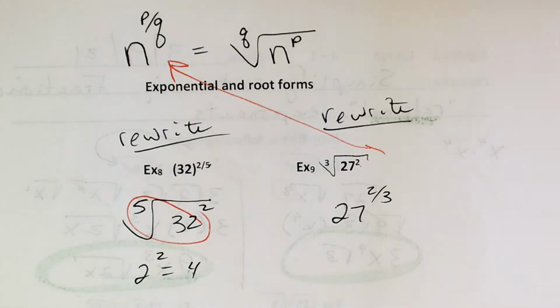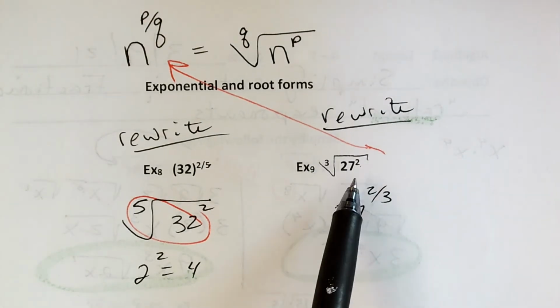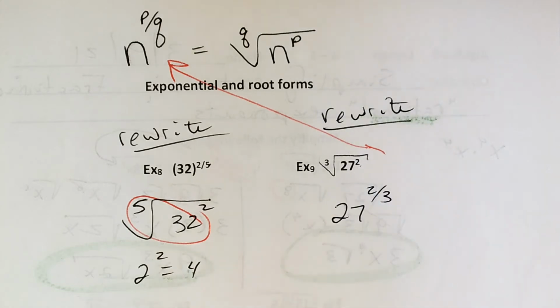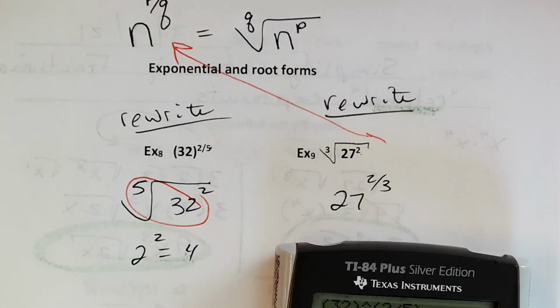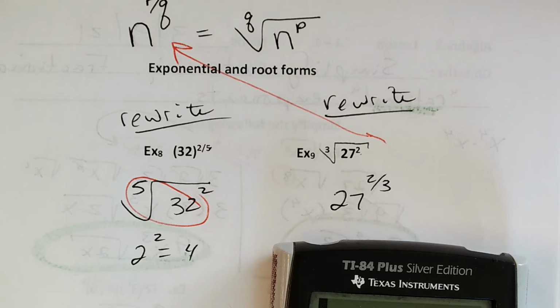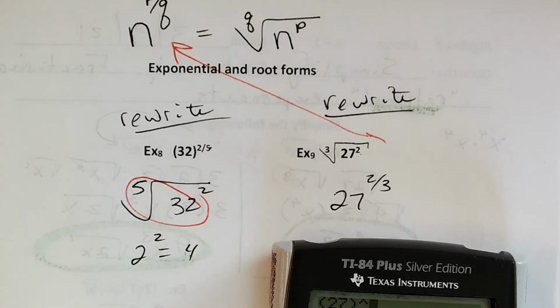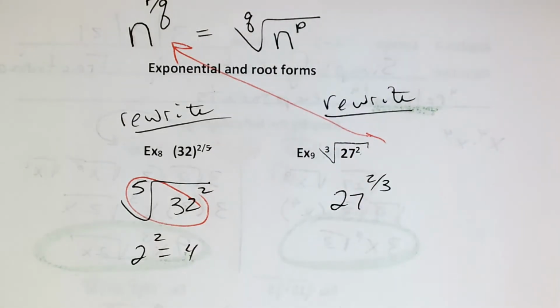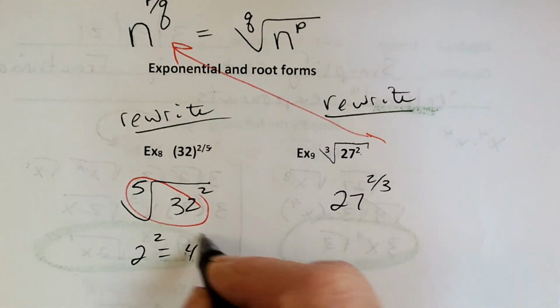Now this answer is 9. How do I know it's 9? Well, cube root of 27 is 3, and 3 squared is 9. But if you don't know that, we can take parentheses, 27 to the power of 2/3, and I get an answer of 9.